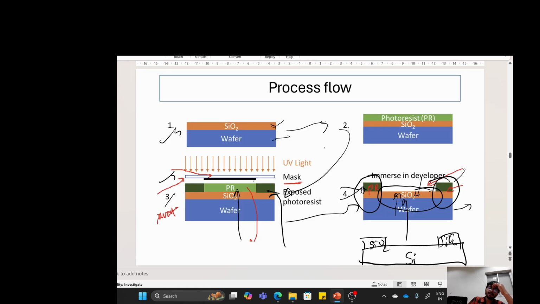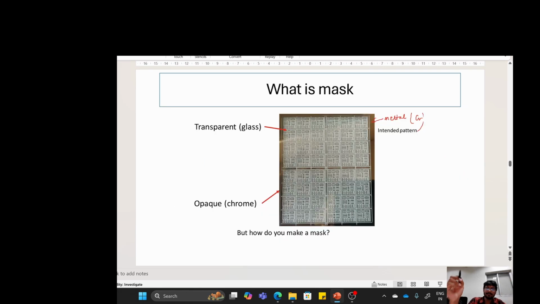So we used a mask over here. What is the mask and how can you prepare it? This is chrome coated glass. The glass can be soda lime or quartz, and you can buy it from the market.